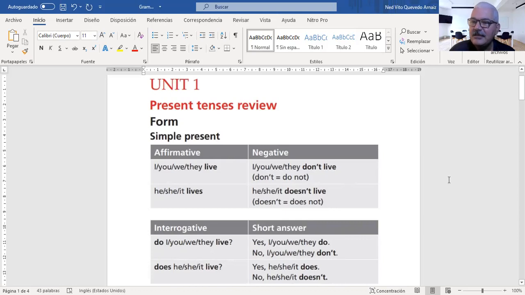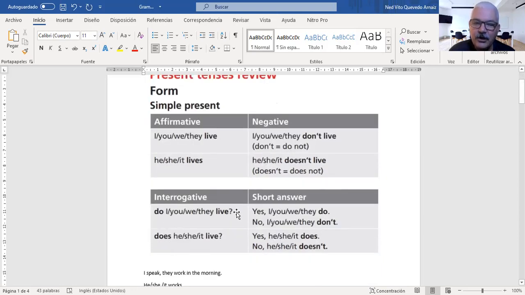Okay? If it is interrogative, you just say, do I work? Do they work? Do they live? Do I live? Okay? So we use do, the subject, and the verb. Live, work, study, any verb.